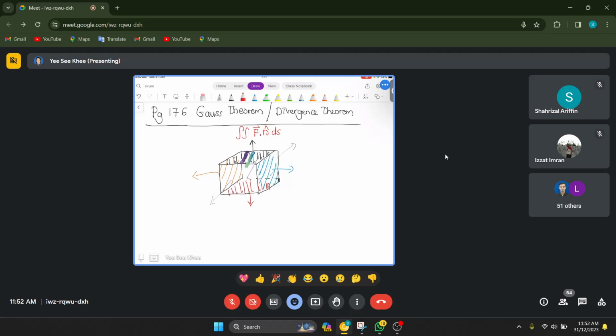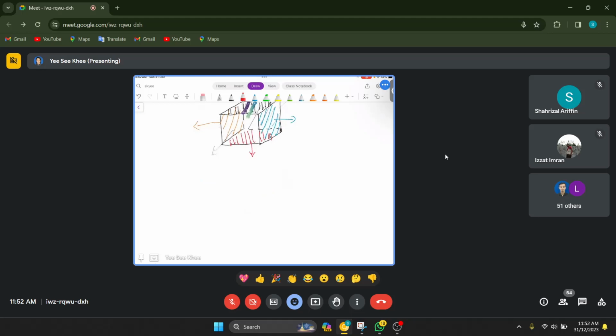So if we apply the Gauss theorem, or the divergence theorem, we could find the flux coming out from this solid with just a single step. That is this. So this is the surface integral.